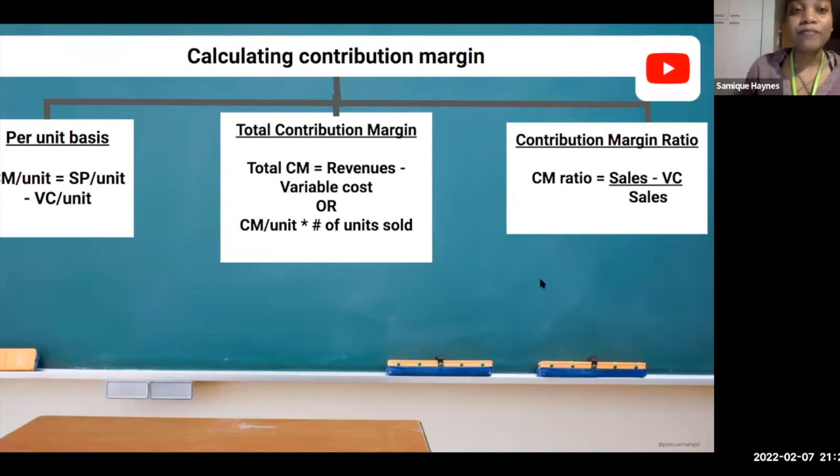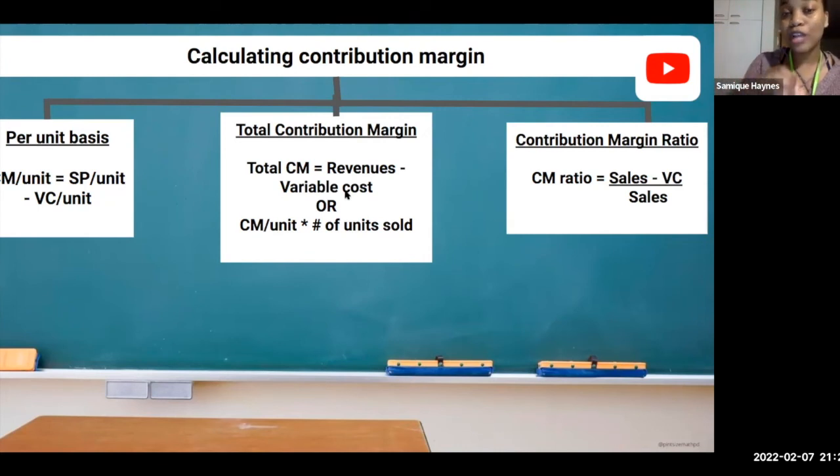Okay, perfect. So we have the calculating contribution margin, different formulas here. You can do it on a per unit basis. So contribution margin per unit is equal to the selling price per unit minus the variable cost per unit. We did that. Or you can have the total contribution margin, which is your revenues less your variable costs. We also did that.